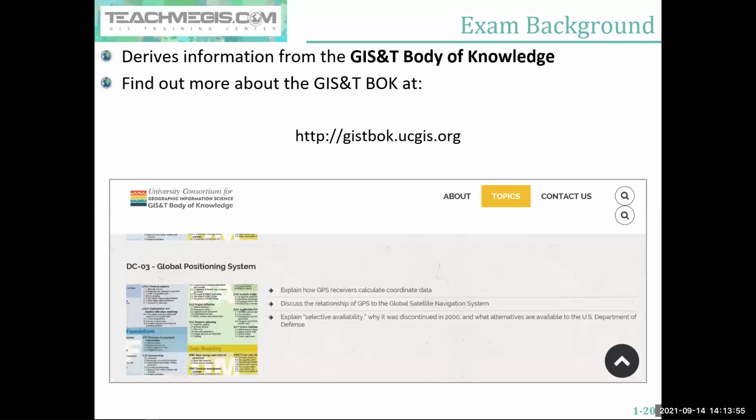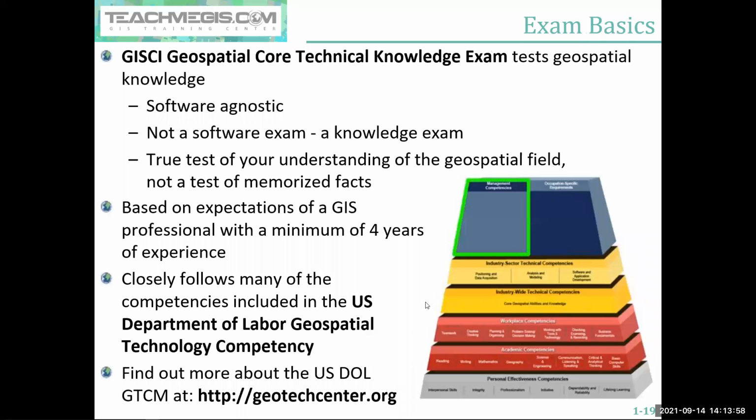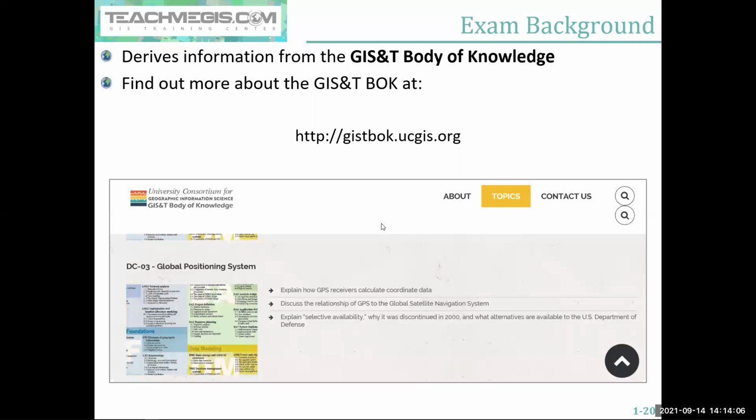That Department of Labor geospatial technology competency model from the US government is complemented by the University Consortium for Geographic Information Science body of knowledge. So the University Consortium has these bodies of knowledge, these massive documents that list every little tidbit of knowledge that a student should have if they're passing through a particular program in the university system in the US, really.